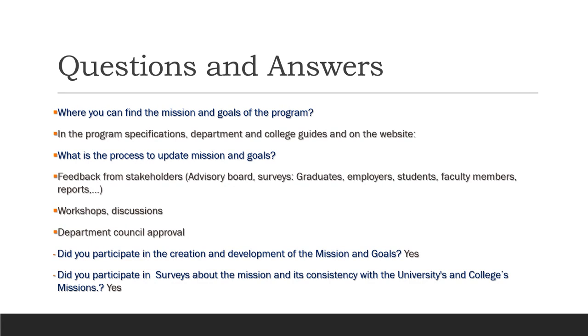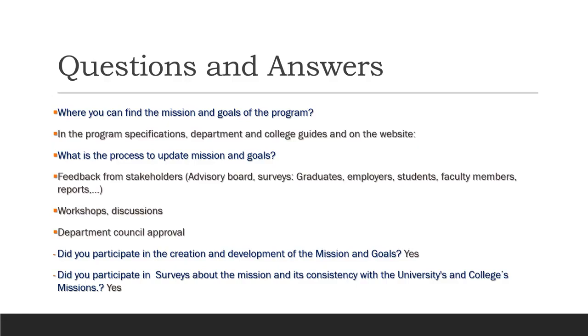Where can you find the mission and goals of the program? You have to know where your mission and goals are. In the program specification, you can find department and college guides, and you can find them on the program website. What is the process to update mission and goals?